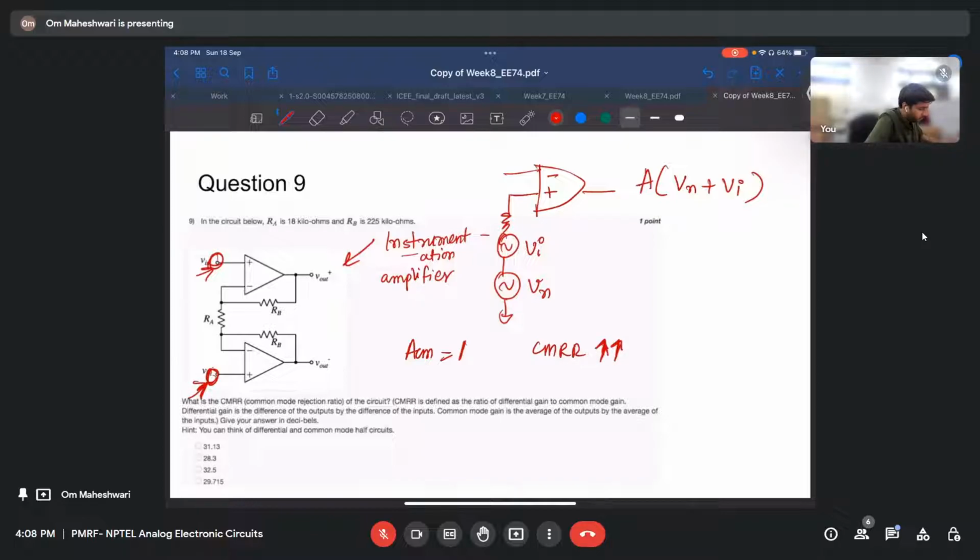So CMRR is how we quantify noise here. A simple op-amp is not very good at suppressing that, so we use this instrumentation amplifier configuration to suppress noise. But for that, the requirement is that these two resistors should strictly be the same.